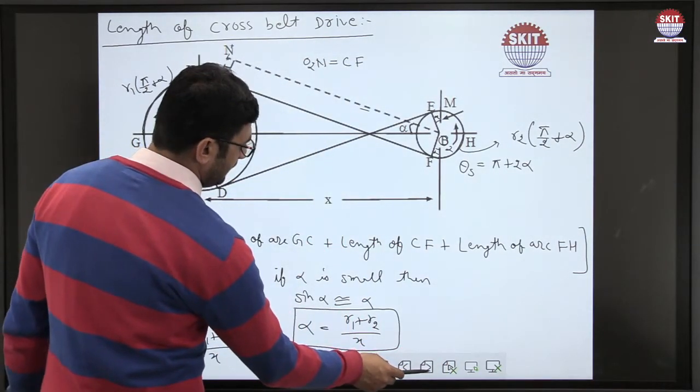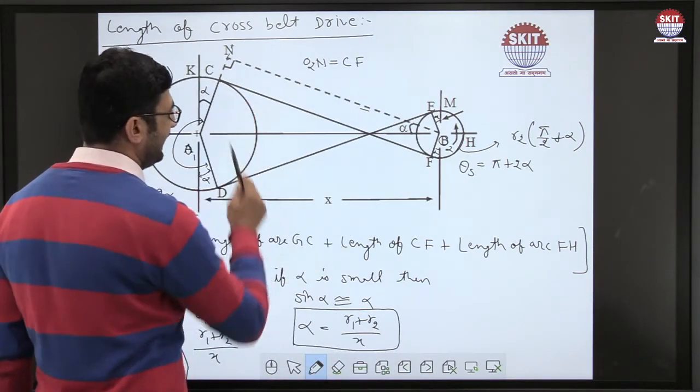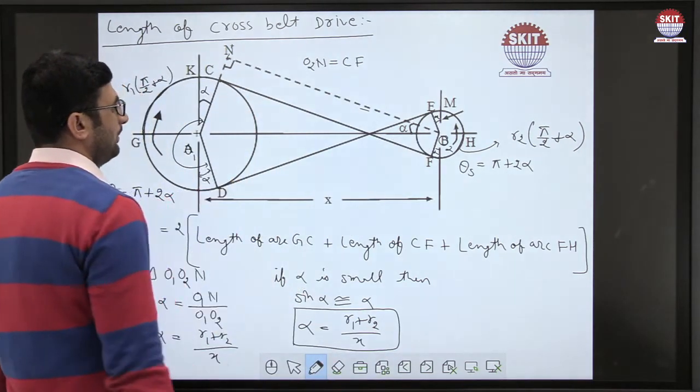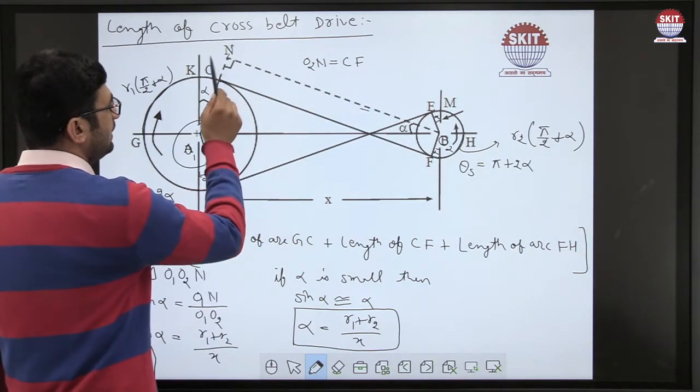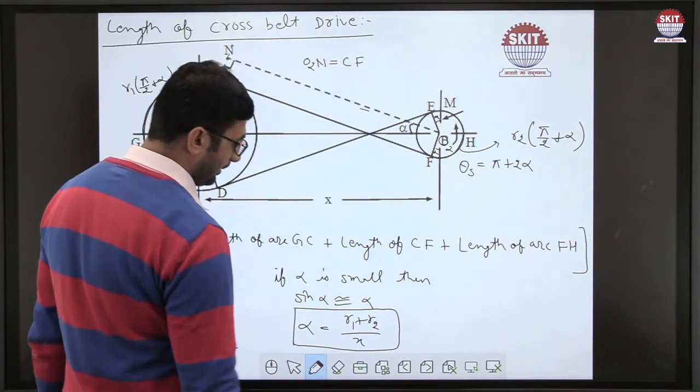Now, in triangle O1, O2, N, we apply the Pythagoras theorem and find the value of O2N, which is equal to the length of CF.